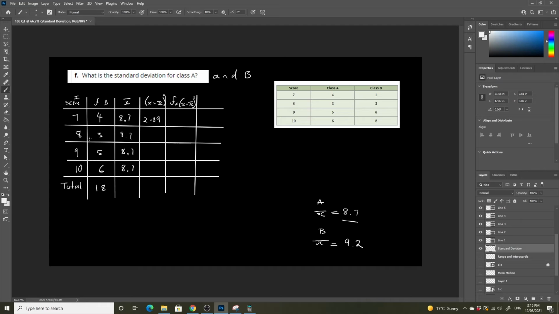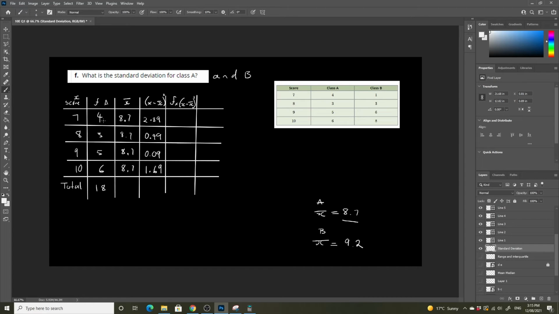We can do that for each one. So 8 minus 8.7 is negative 0.7, and then we square it, it's 0.49, and then 9 minus 8.7 is going to be 0.3, and then we square it, so that's going to be 0.09, and the next one is 1.69, and then you get the idea.